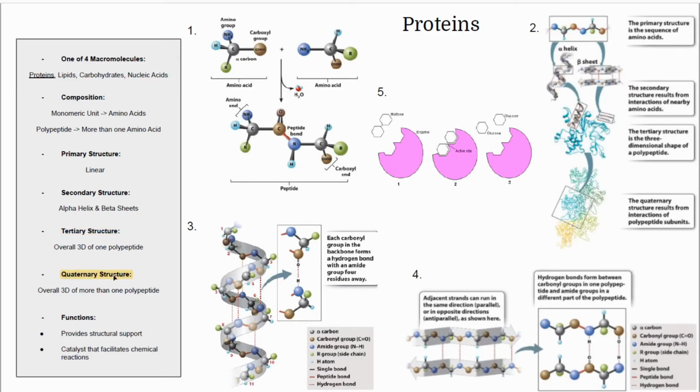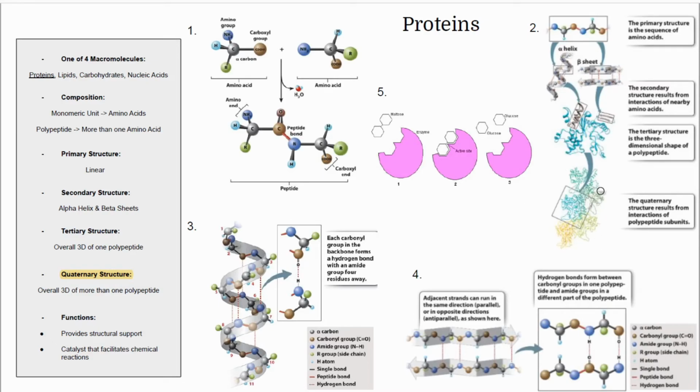Lastly, we're going to talk about the quaternary structure of a protein. Now, a protein only has a quaternary structure if it has more than one polypeptide chain. A good example of a protein that has a quaternary structure is hemoglobin. Hemoglobin has 4 different subunits, 4 different polypeptide chains that make up the overall protein.